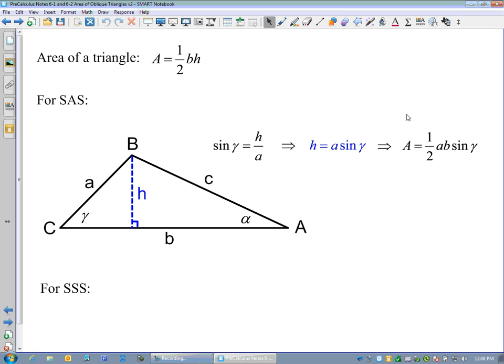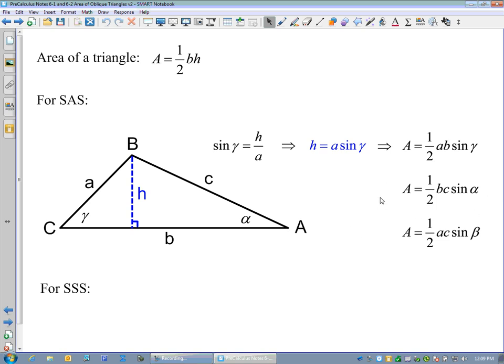So thinking of that relationship, we could have used alpha, we could have used beta, and if we did, we would have derived two other equations that are equally effective in finding the area. So technically, there are three different equations for finding the area of this triangle depending on which angle you have.